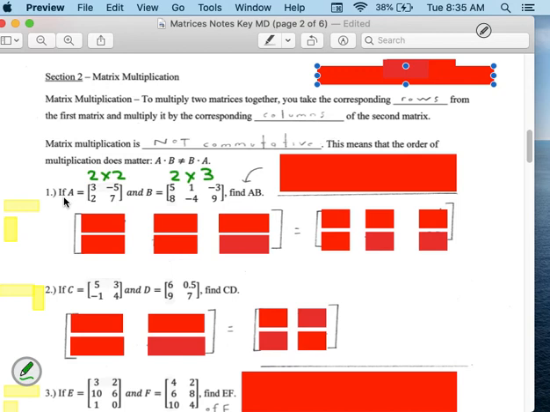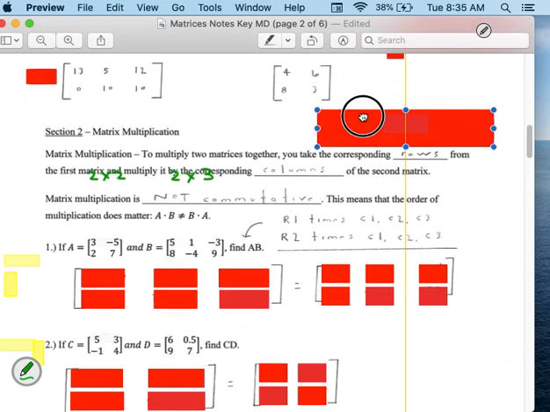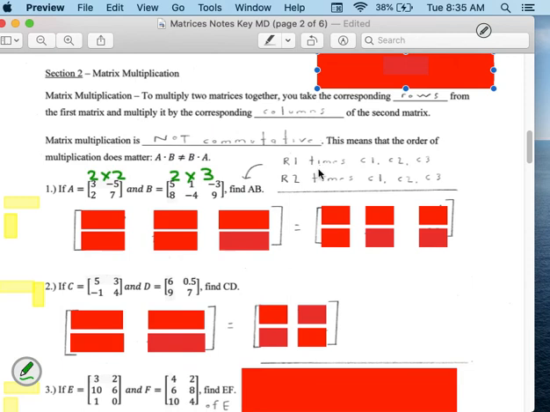The steps: if I have a 2 by 2 times a 2 by 3, we're going to take row 1 times columns 1, 2, and 3, and row 2 times columns 1, 2, and 3. So this says R1 times C1, C2, C3, and R2 times C1, C2, C3.